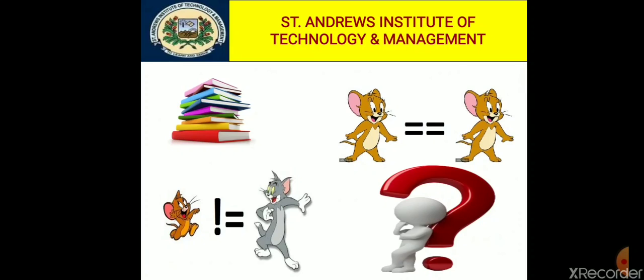In the first example, we are using the equal to operator, and if it is true then it returns 1. In the second example, we are using the operator not equal to. So if the condition is true then it returns 1, and if the condition is false then it returns 0.